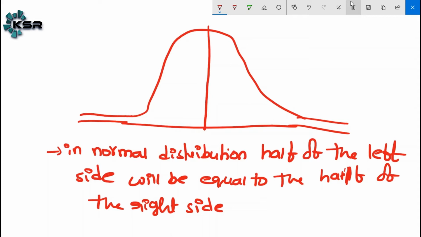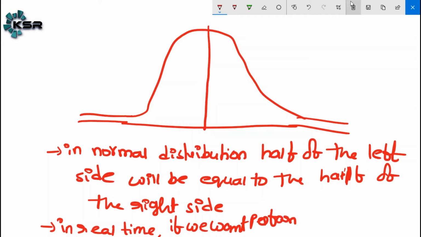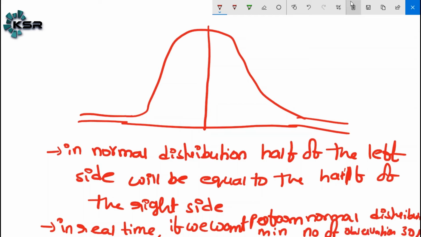In real time, if you want to perform the normal distribution, at least you need a minimum number of observations of 30.